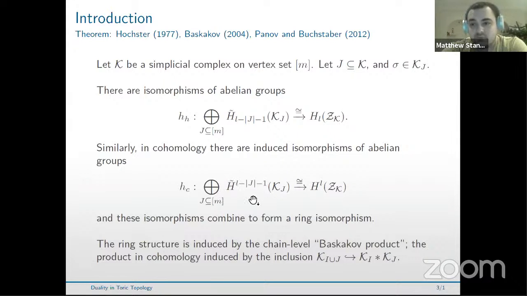Now, I've told you that this is a ring isomorphism, but it's not obvious what the product should be on the left-hand side here. And indeed, the product is something which I refer to as the Baskakov product. It's due to Baskakov, and it's induced by the inclusion, which I note here on the bottom. Okay, so that's the first example. So we can decompose the cohomology ring.